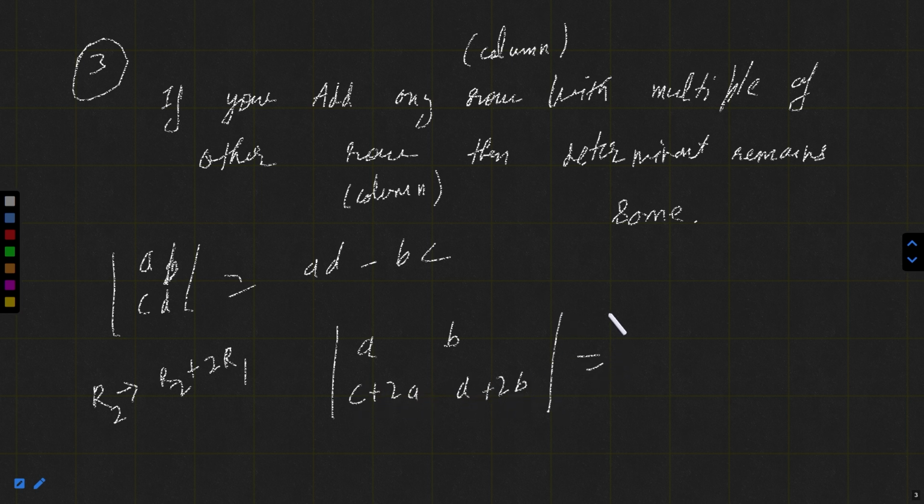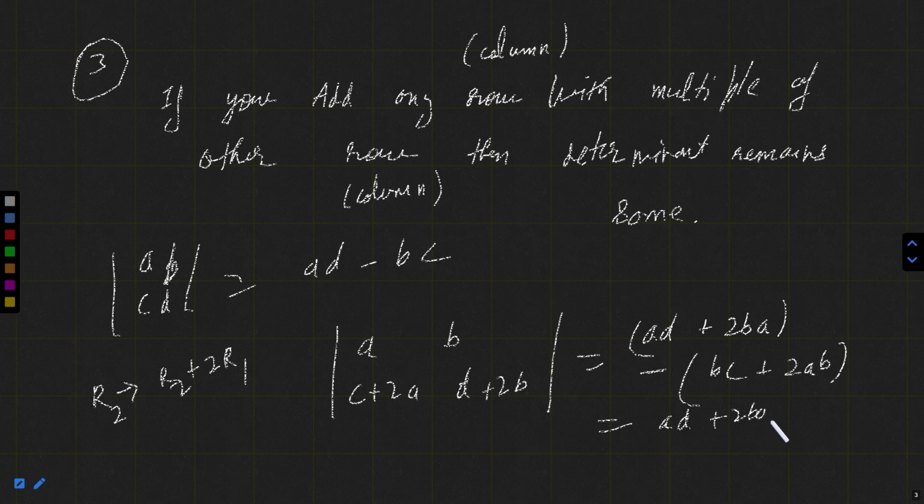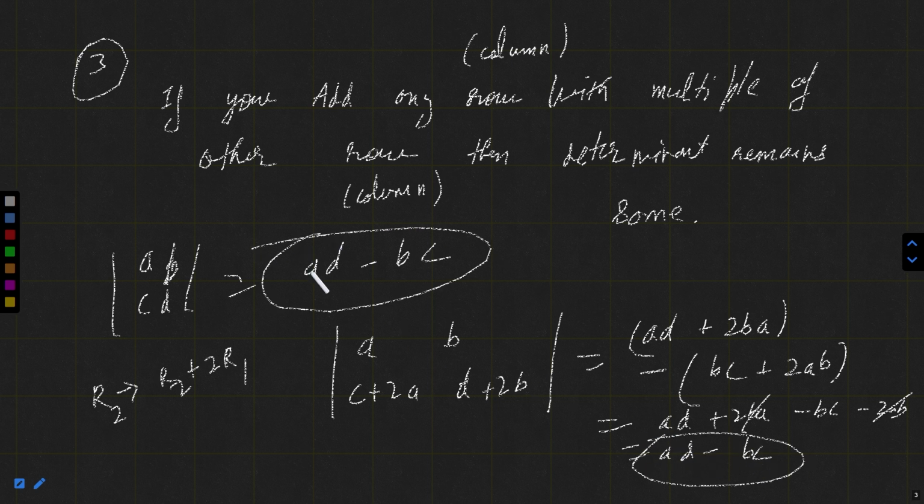Now the determinant is A times (D plus 2B) minus B times (C plus 2A), which is AD plus 2AB minus BC minus 2AB. The 2AB terms cancel, and you are left with AD minus BC, which is the same as the original determinant.